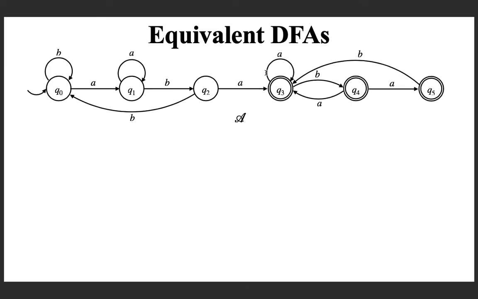So here is a DFA A given. Can you find what language is accepted by A? It's not difficult to see what the language is. How will you reach Q3? You can see that in order to reach Q3, the string must contain the substring ABA.